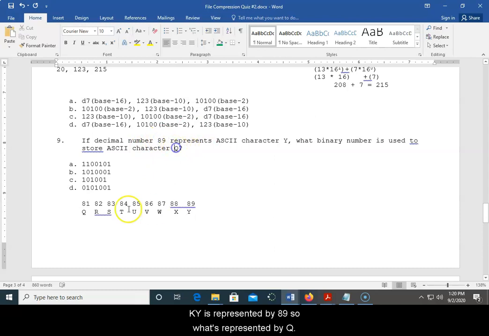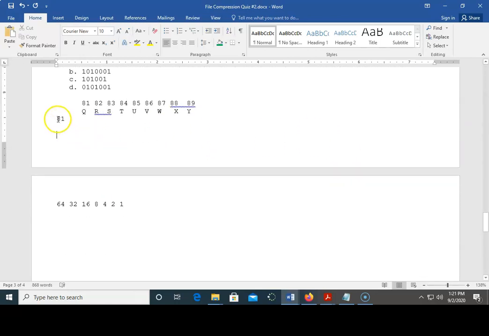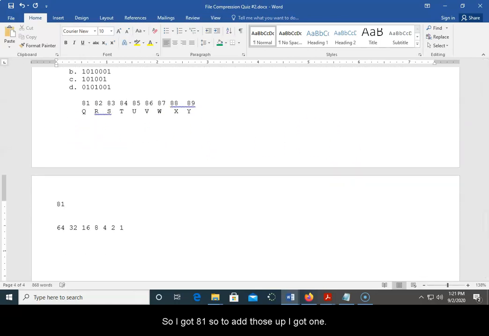So what's represented by Q? Q is represented by 81. So then all I do is just what I've been doing. So 64, 32, 16, 8, 4, 2, 1. So I got 81.